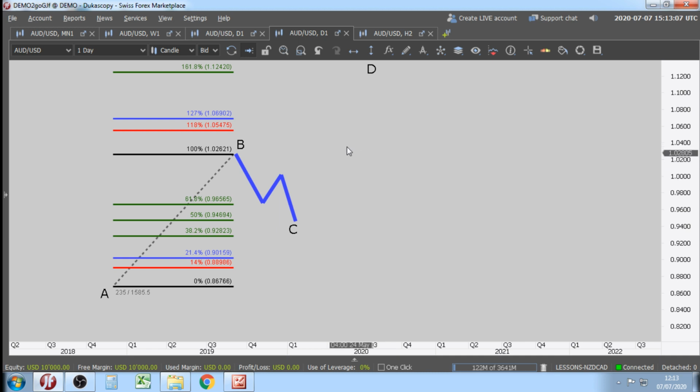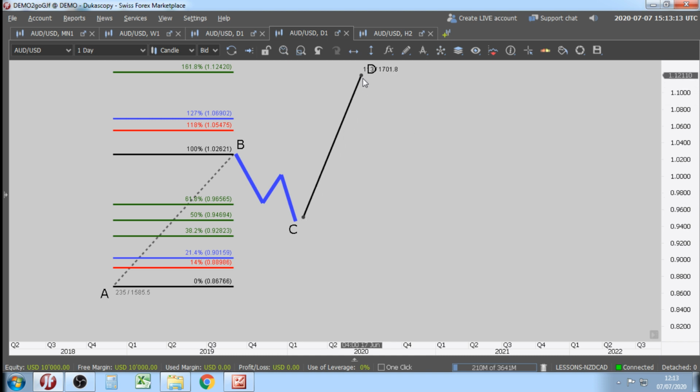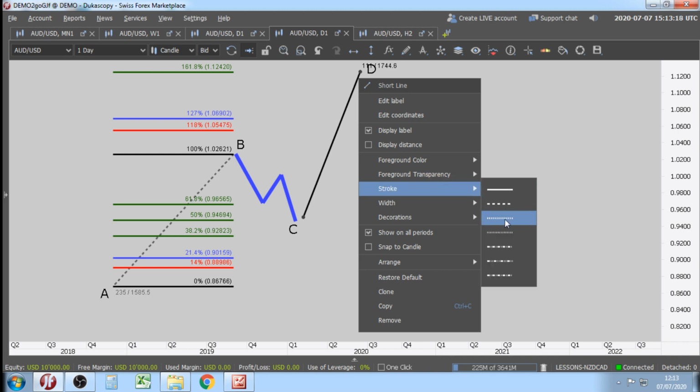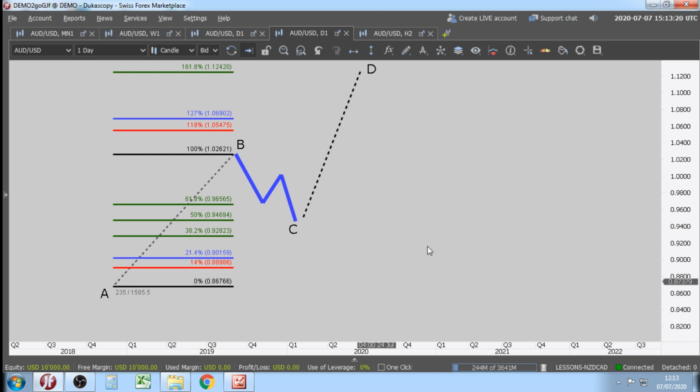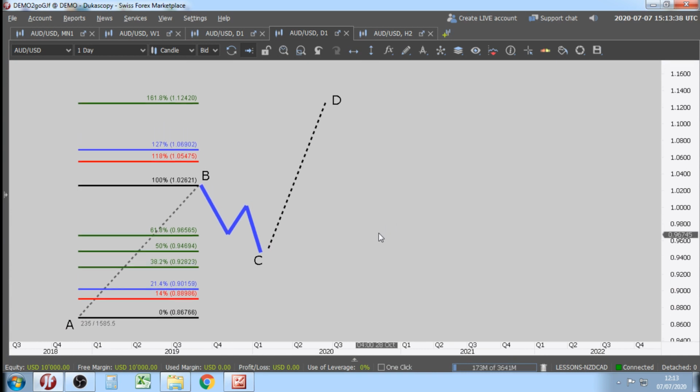So this is the A, this is the B, this is the C, and we have the projected D, because green goes to green according to the Fibonacci rules and ratios. And number 1, until the D extension of the contrarian Fibonacci is still inside the AB boundary of the original Fibonacci, you are entering trades with a probability of 50-50. Okay, so let's go step by step.